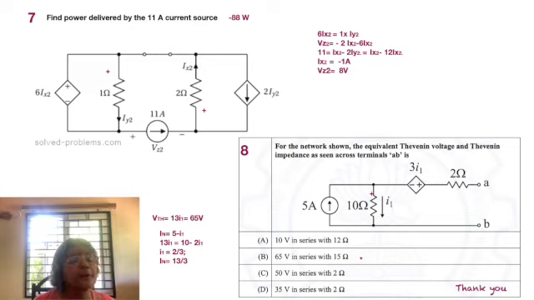One is across the 2 ohms, but in the negative direction, so it is minus 2 ix2. Then there is another drop, because both are similarly oriented but in the opposite direction with respect to Vz2. So minus 2 ohms into ix2 and minus 1 ohm into Iy2.